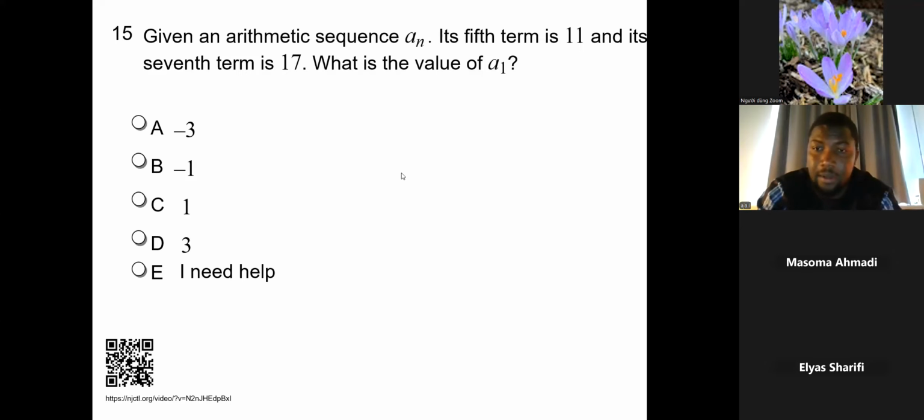You can write it down. What is the first term? Just write it down. If you are not able to find it, we can do it together. We can discuss it.